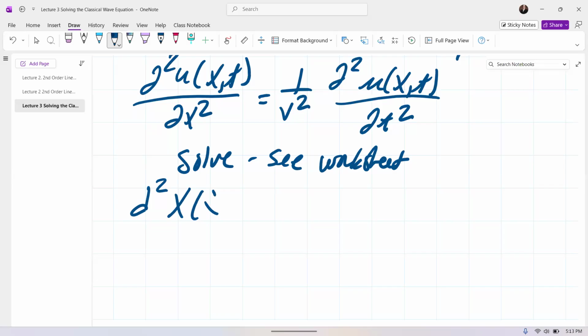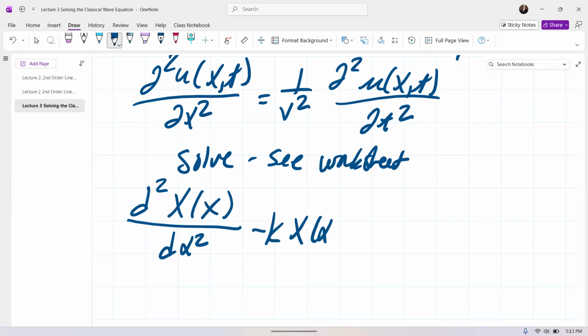D squared X of x over dx squared minus k X of x equals 0, where big X is the position function.